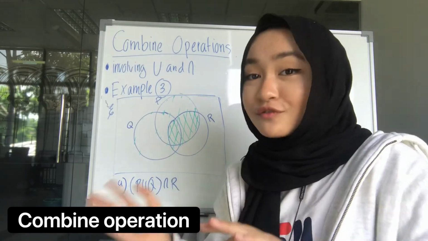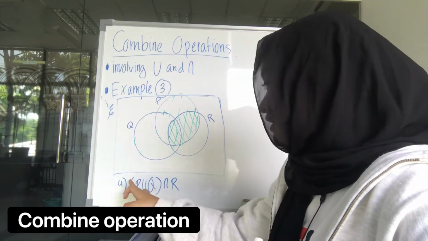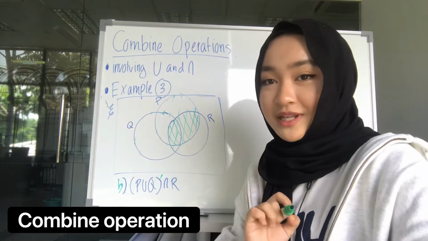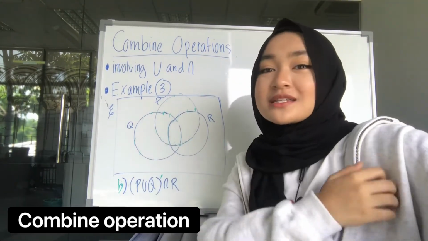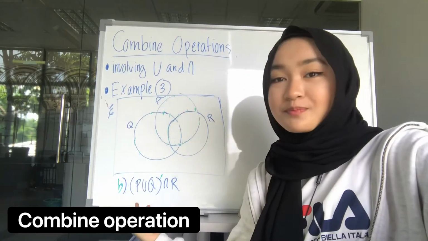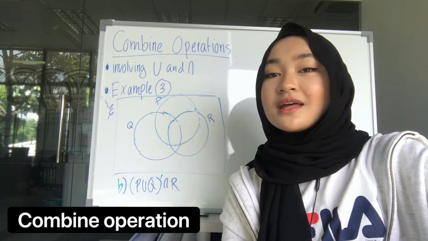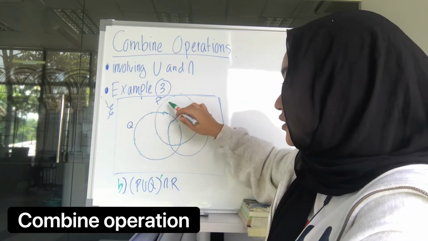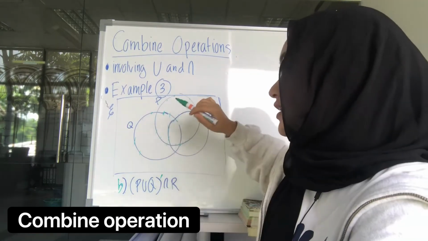If they involve complement, we need to have this universal set. For example, P union with Q but complement, and intersect with R. If they say P union with Q but complement, and it is in brackets at first, we need to take a look at P union with Q, but we need to shade other than the part that they want.